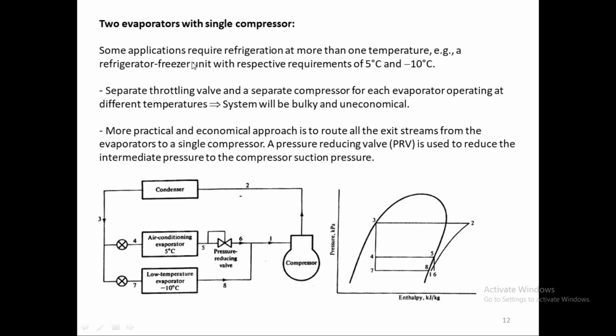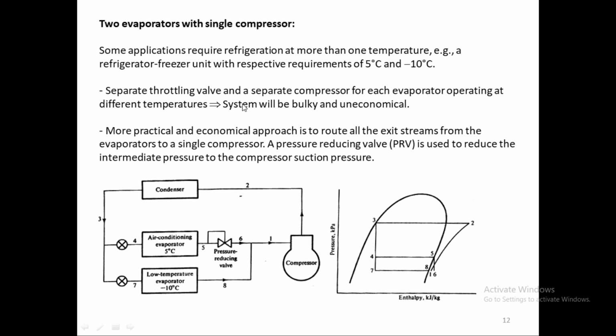So some applications require refrigerant at more than one temperature, as I said, the example of the dairy industry for the ice cream and the cold milk, at minus 5 degrees or minus 10 degrees centigrade. A separate throttling valve and separate compressor for each evaporator operating at different temperatures would make the system bulky and uneconomical.